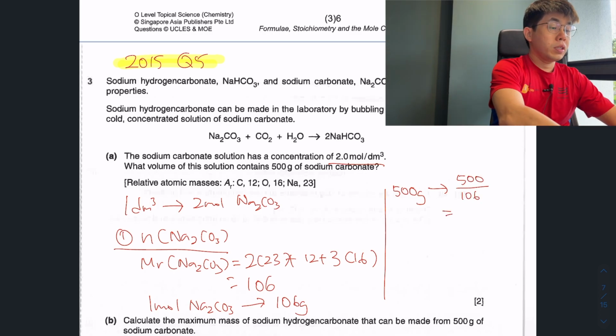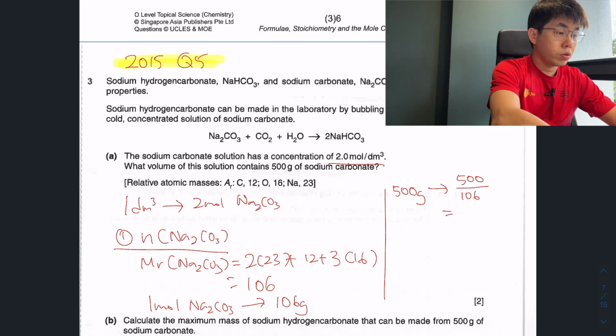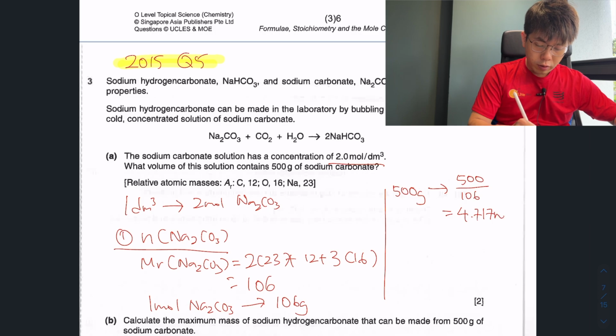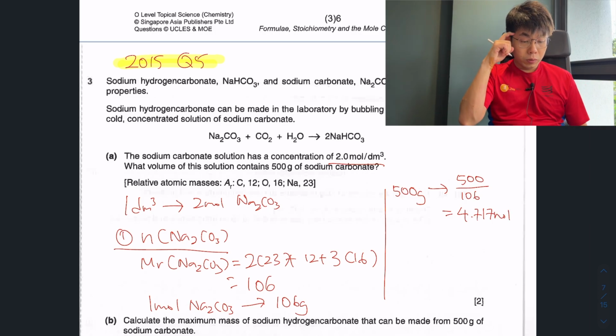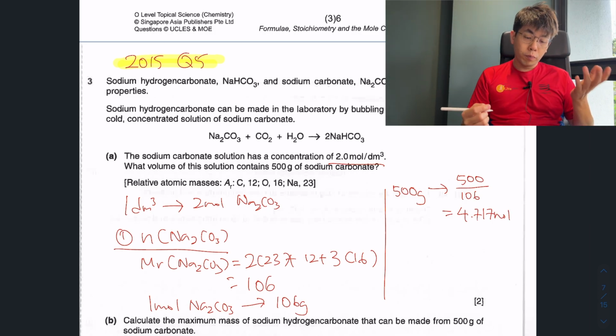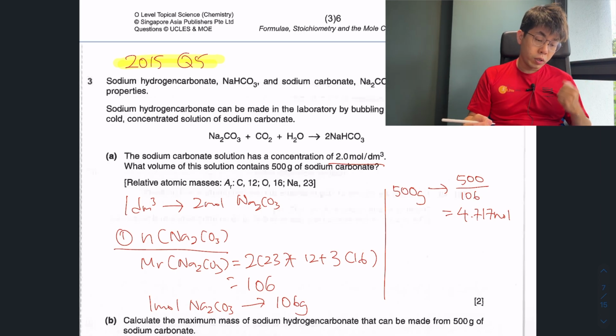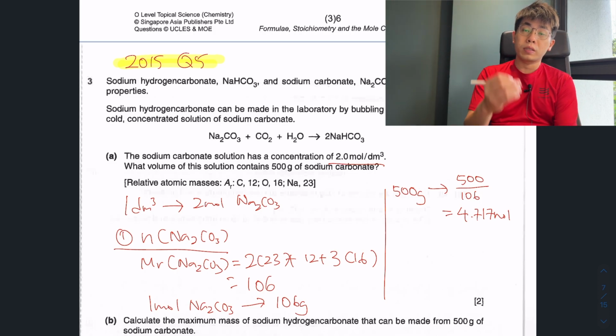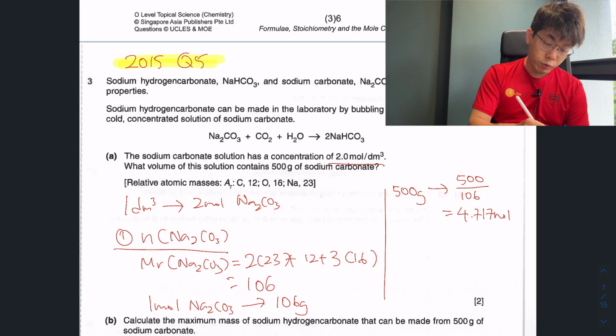That equals 4.717 moles. So I'm given the concentration, I'm given the number of moles, and I want to find the volume. So this is a C, N and V type of problem.